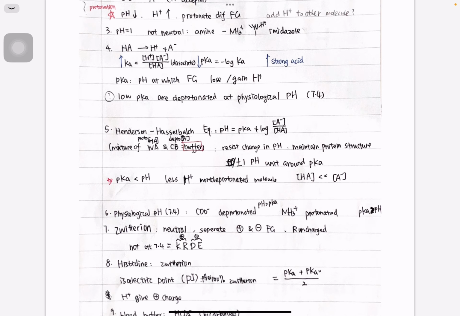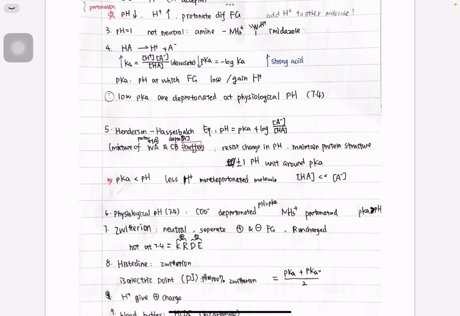And deprotonation is the opposite. When the pH is high, there aren't so many protons in it, so we want to deprotonate. When the pH is low, some of the functional groups are not neutral, as the amine.